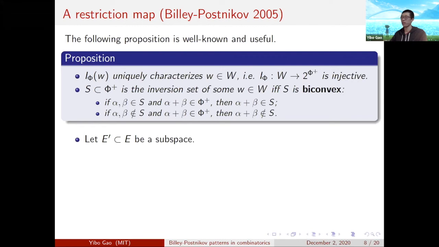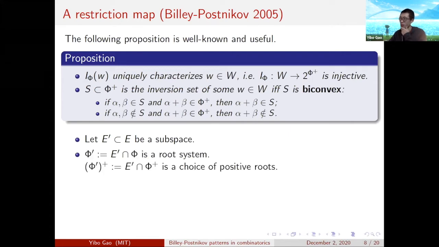All right, so let E prime be a subspace of E, where E is our ambient vector space that everything lives in. Now I'm going to restrict a Weyl group element to a subspace. By the way, this proposition is not that easy, but it can be done; it's pretty classical. Let Phi prime be the intersection of E prime with my root system Phi. You can check that the axioms still hold, so it is a root system.